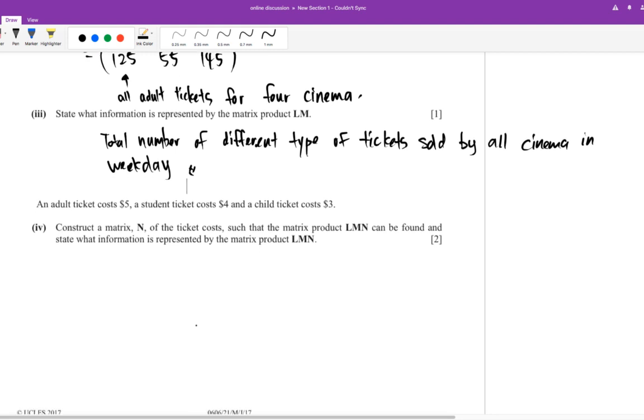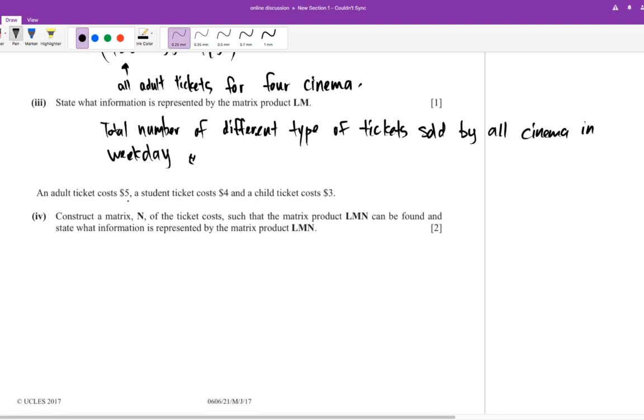Alright, an adult ticket costs 5, the student ticket costs 4, and the children ticket costs 3. Construct a matrix M of the ticket cost such that the matrix LMN can be found, and state the information represented by the matrix product LMN. Just now the first one is a 1 times 4 matrix, and the second one is a 4 times 3 matrix.